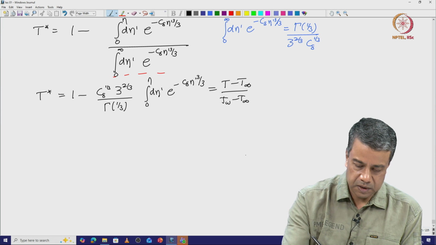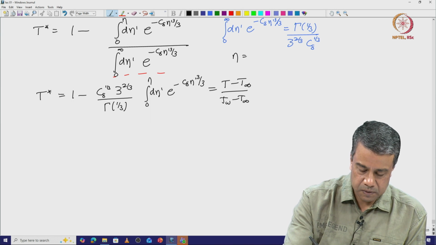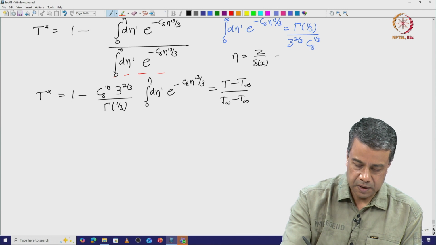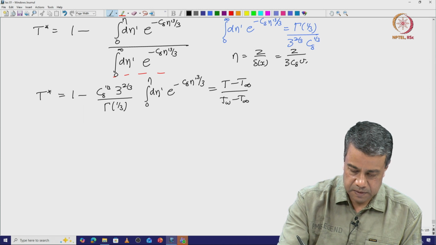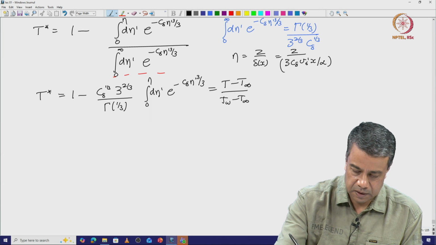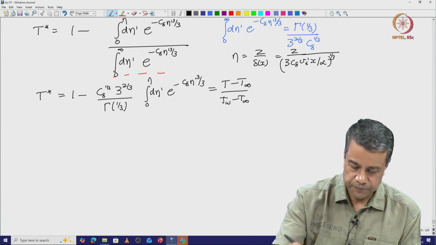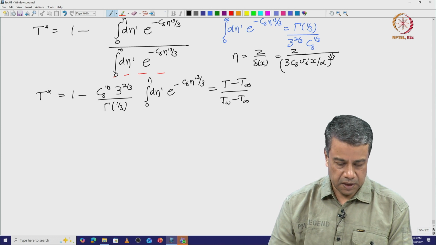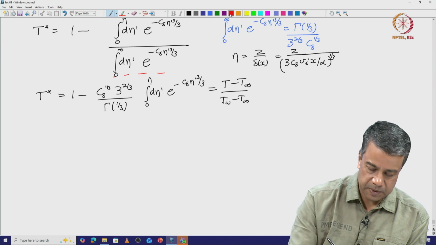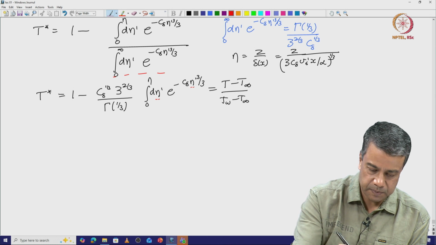Note that eta is equal to z by delta of x is equal to z by 3 c delta v s prime x by alpha whole power 1/3. And I have this integration over eta prime here.